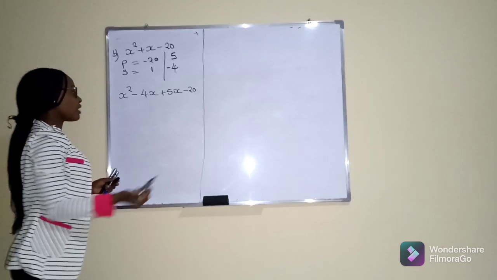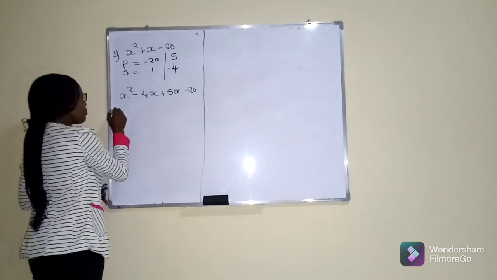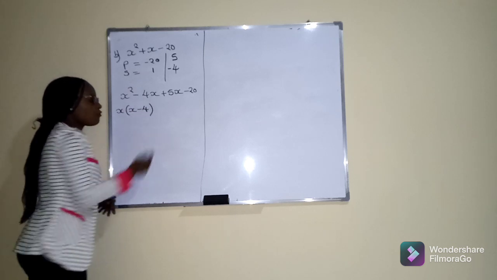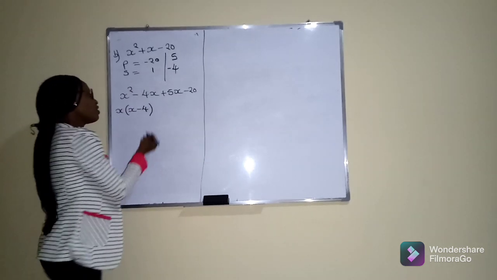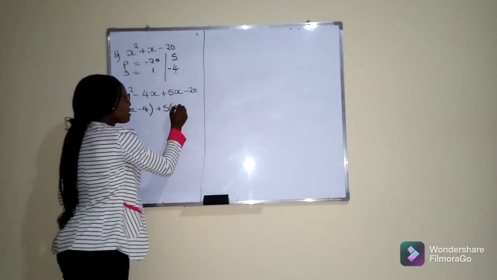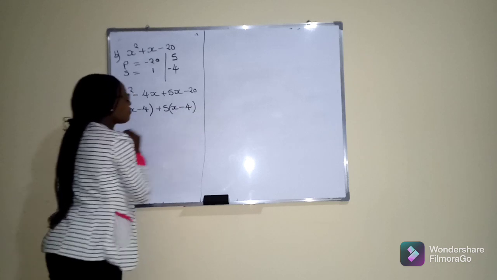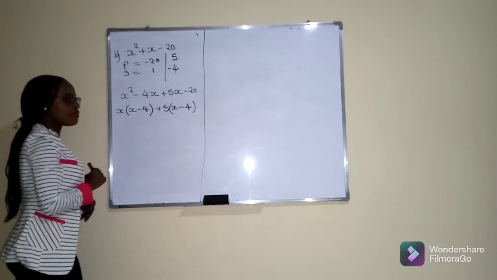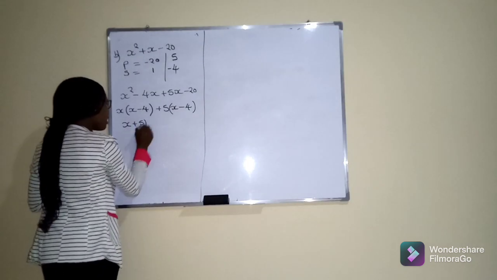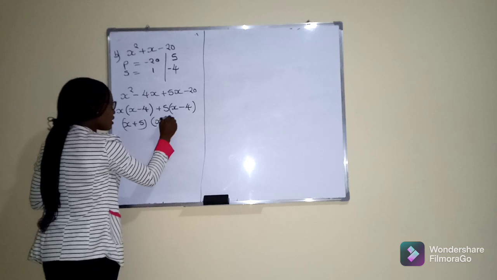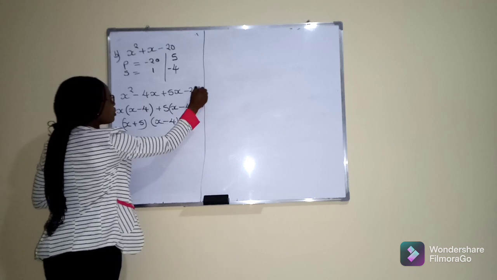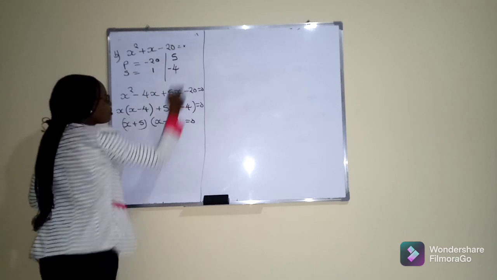Now that we have this, we can factor out certain things that are common. So we remain with x minus 4 on the other side. Then we remain with plus 5. When we factor out 5, we remain with x minus 4. From here, since what we have in the brackets is the same, then this will be x plus 5 and x minus 4, all equal to 0.